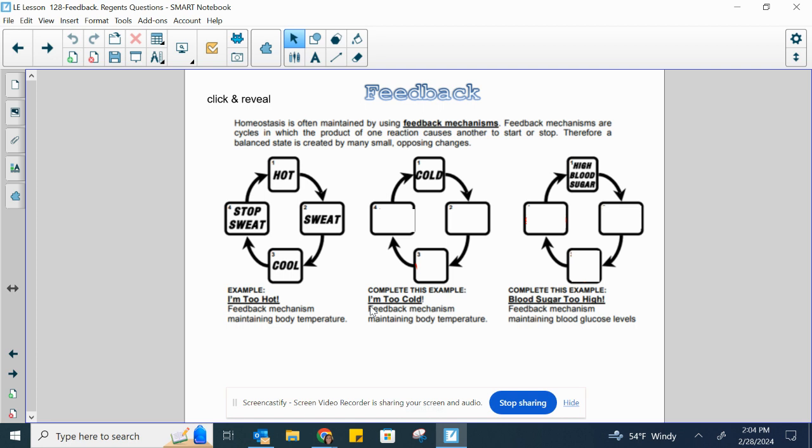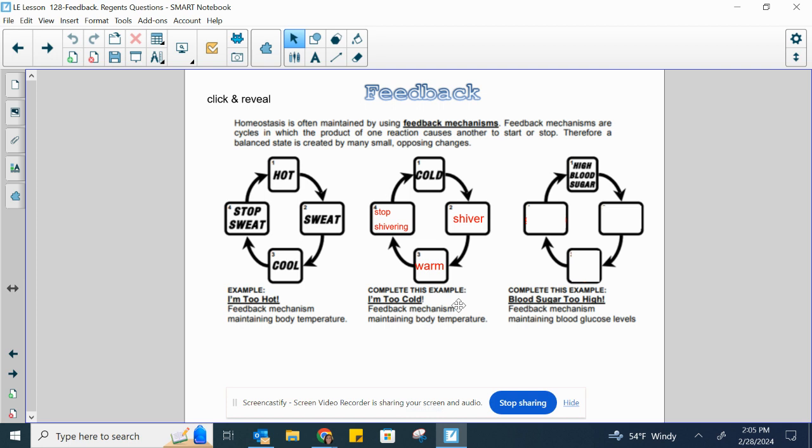If you're too cold, what do you do? Well, you start to shiver. Your muscles start to contract and relax very quickly. That generates some body heat. So you warm up and then you will stop shivering. Blood sugar, we've talked about this a lot in the last couple of classes.